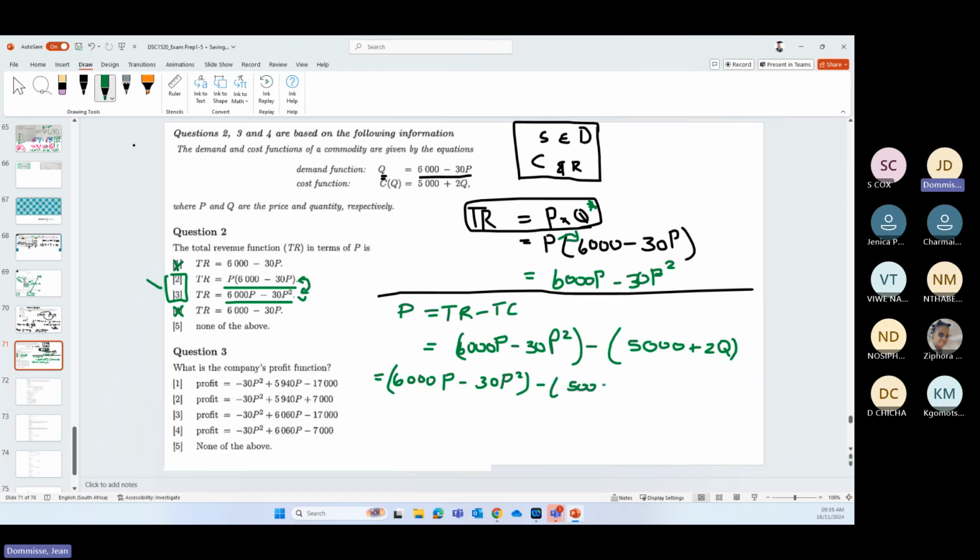But now in that we will need to replace the q with the q of 6,000 minus 30p.